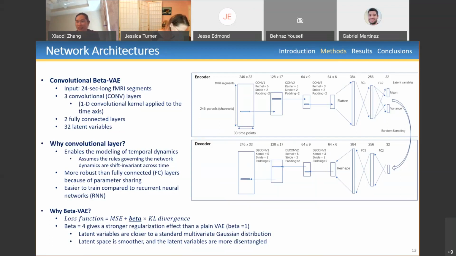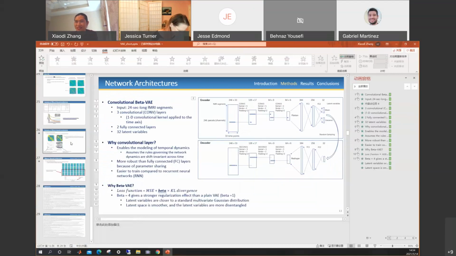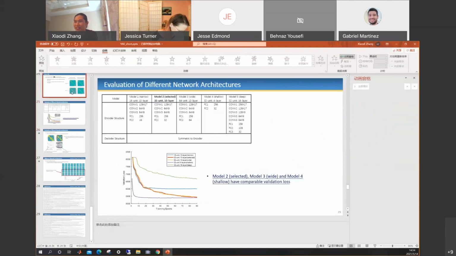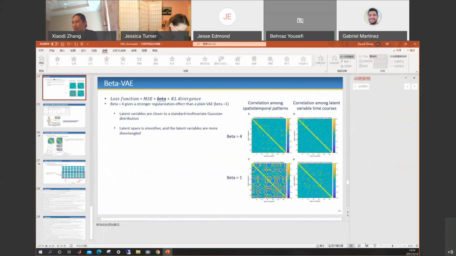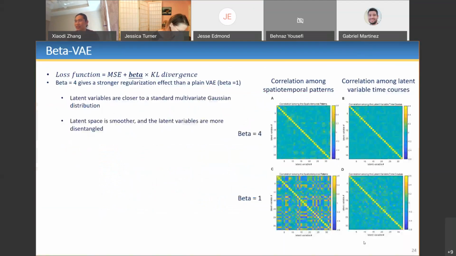Oh, right. I have one more figure to show if I have time. Okay, can you see now? We compare it with the plain autoencoder, which has beta equal to 1. And here is beta equal to 4.